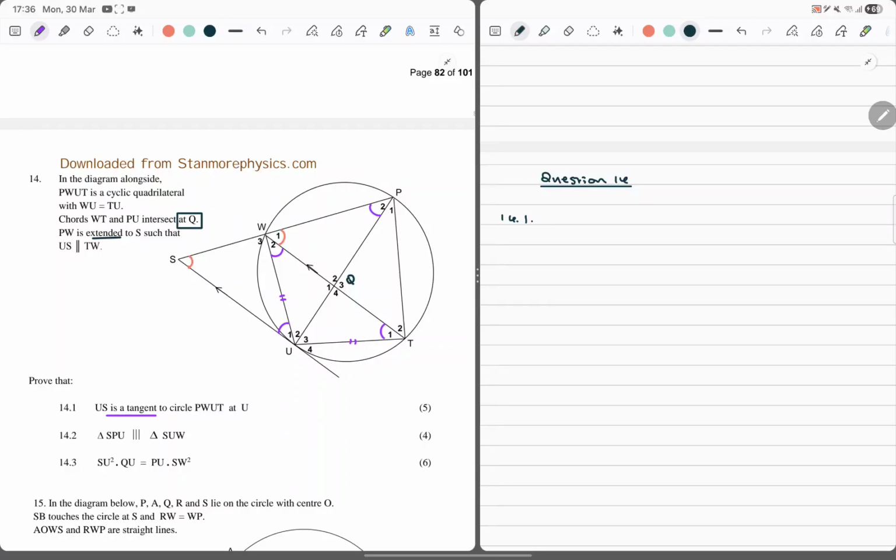Can you see we already have this by just annotating our diagram? So the target now is to truly prove that this angle U1 is equal to angle T1. First of all, I'm going to say U1 is equal to W2. These are alternate angles with WT parallel to SU.